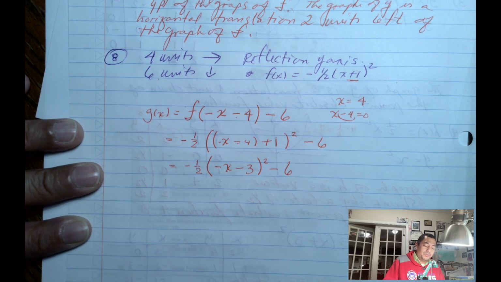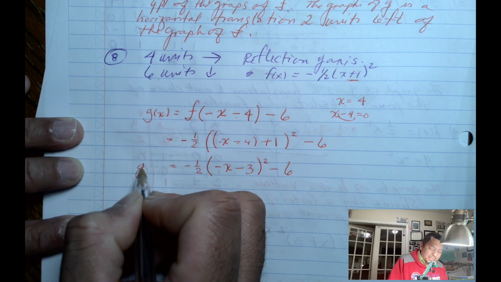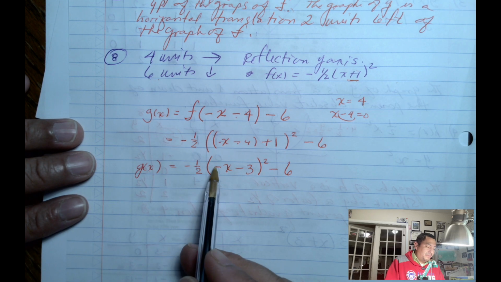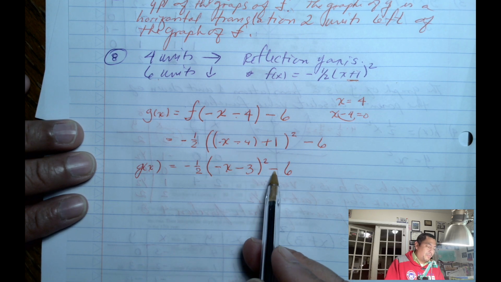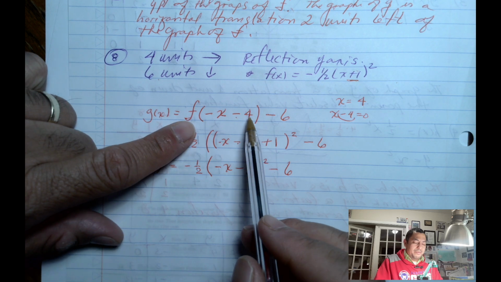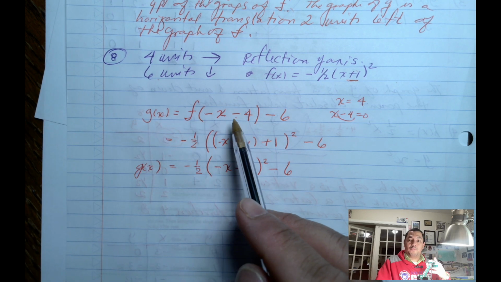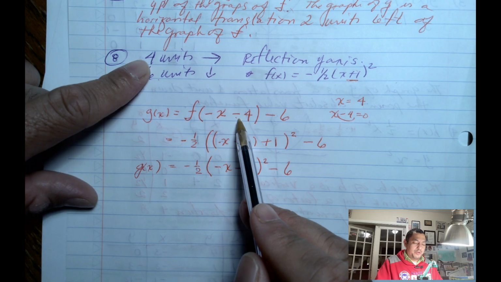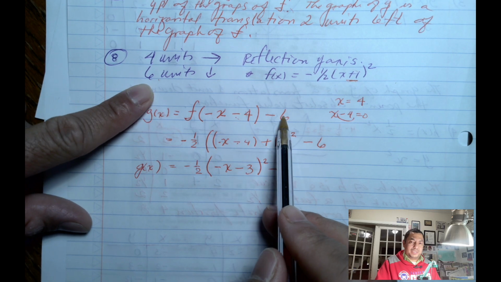Is there anything else to do? No. This is my g(x) function: -1/2 (-x - 3)^2 - 6. So remember, first we describe the transformation formally: a reflection in the y-axis, then 4 units to the right, then 6 units down.